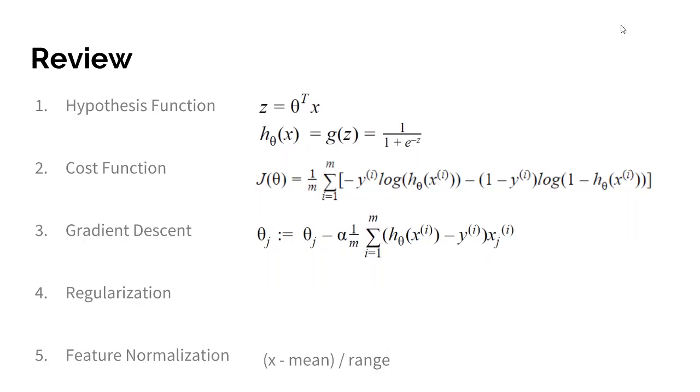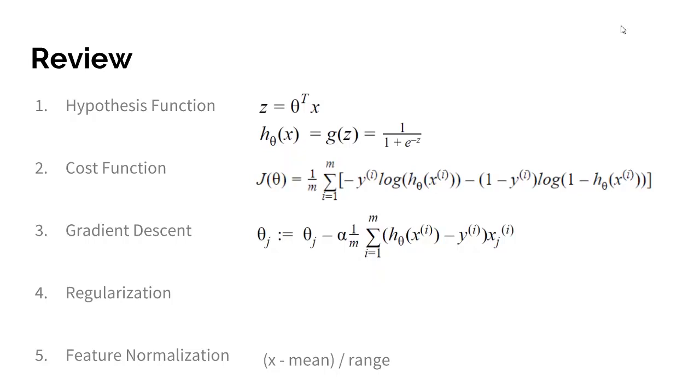Just to review all that we've covered today, we've covered a new hypothesis function that uses a dot product and the sigmoid function in order to fit the input from negative infinity to a range of 0 to 1. We have a cost function that allows us to evaluate how wrong our model is compared to the binary outputs that we expect.